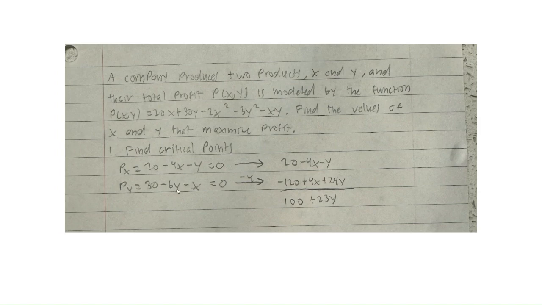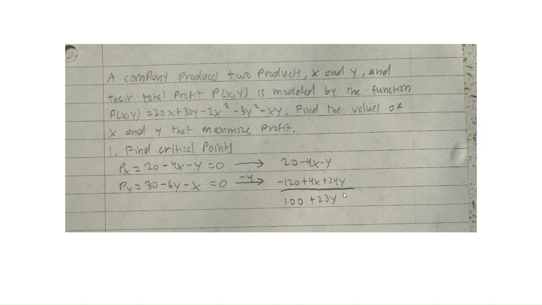What I did was multiply this bottom equation by -4 to get this negative x to cancel this -4x out in order to solve for y. So multiplying this equation by -4 gets us -120 plus 4x plus 24y, which would effectively cancel this x variable out to leave us with 100 plus 23y.